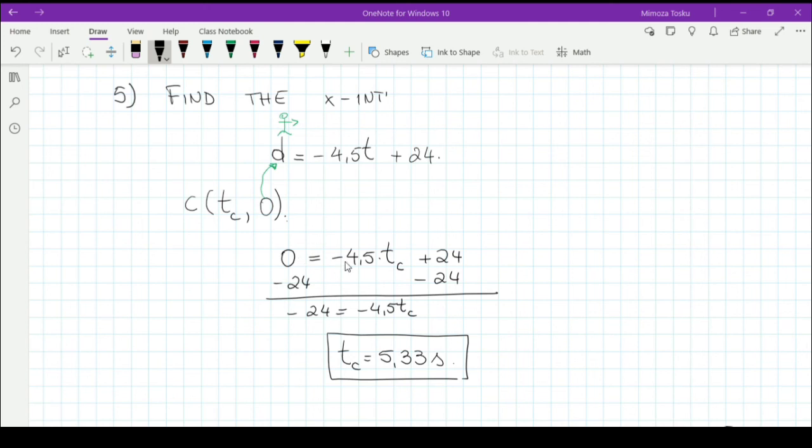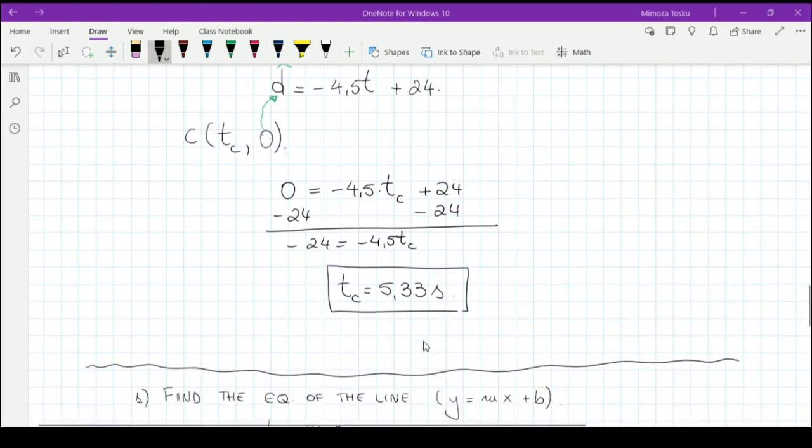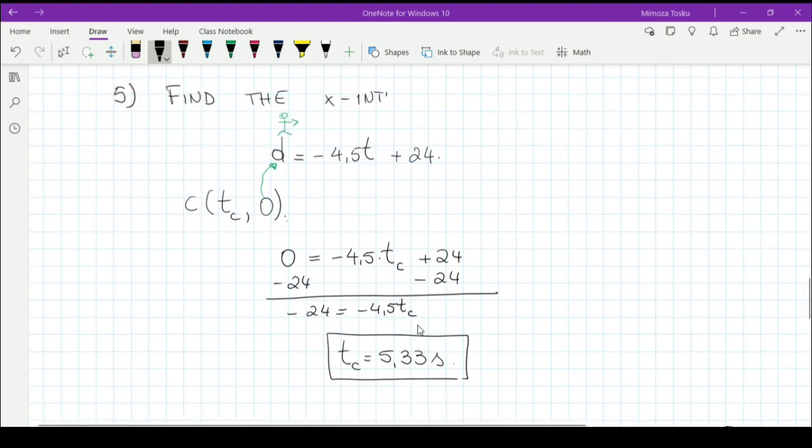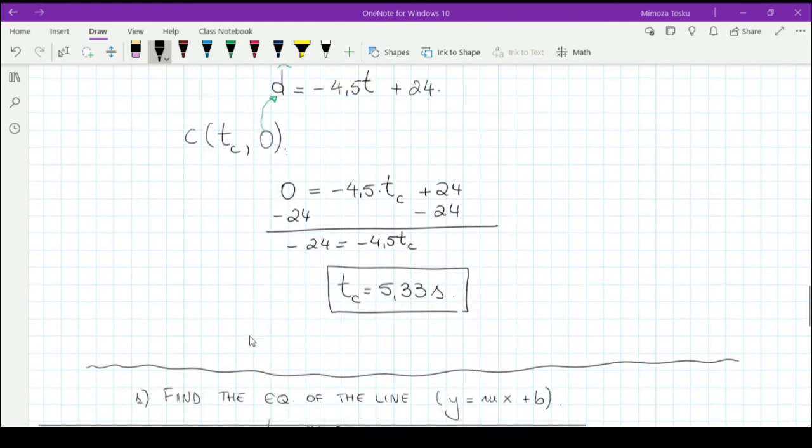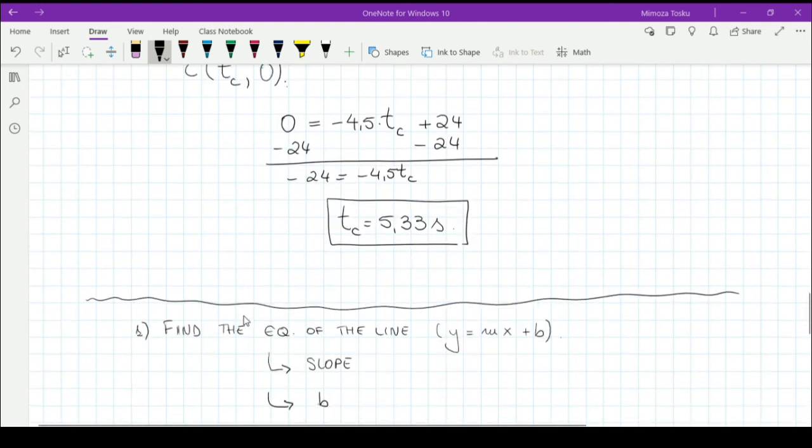So we replace that: 0 is equal to negative 4.5 t_c plus 24, and then we solve for the value of t of point C, and that will be 5.33. If something comes out as not between 2 and 8, as we were expecting, then you have to check your calculations because you probably did something wrong.